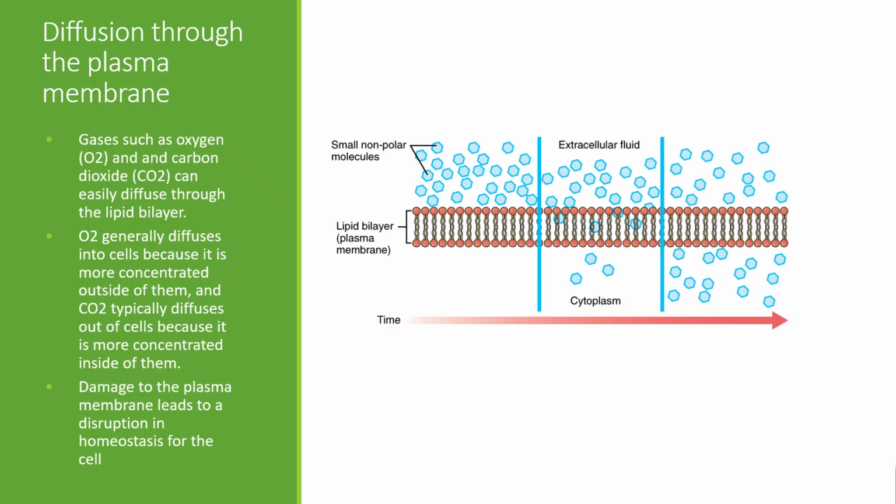Over time, where our arrow is pointing, those are going to pass through that membrane from an area of high concentration to an area of low concentration. This does not require energy, as I've said before, so we refer to it as being passive. Any damage to that plasma membrane leads to disruption in the cell's ability to do this.